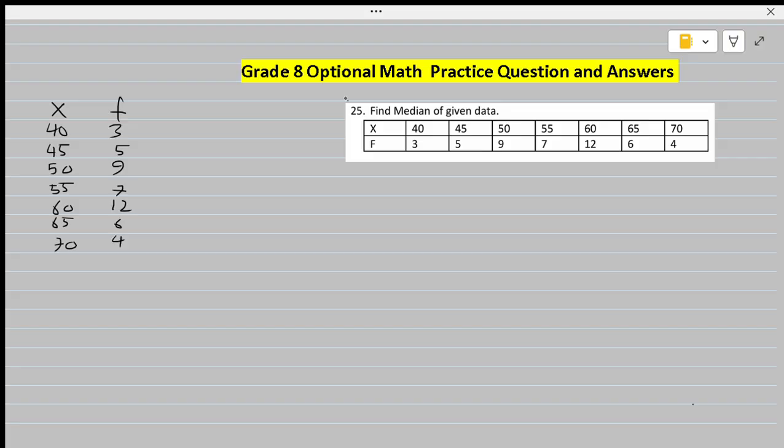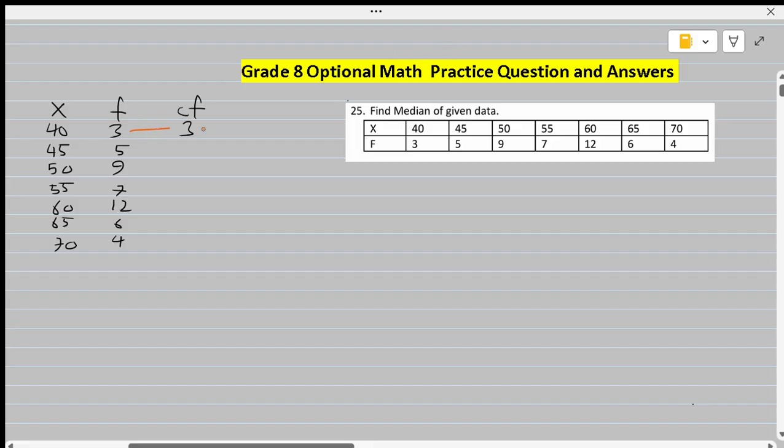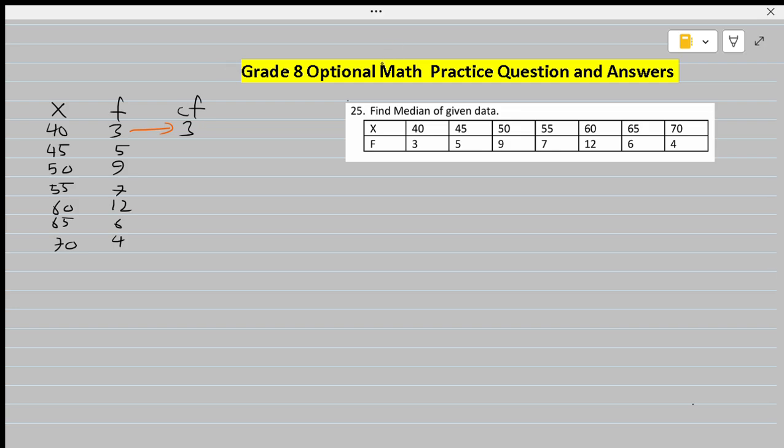Now after keeping the record of the marks and frequencies, we prepare a cumulative frequency table to find the median. For the cumulative frequency, the very first frequency we keep the same. Then with 3, 5 gets added, we get 8. Same process we follow down.